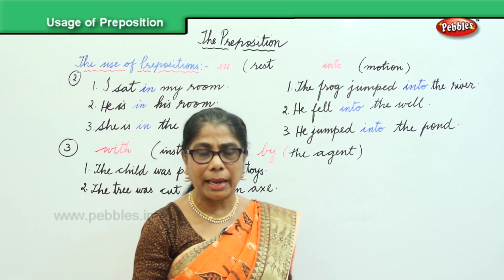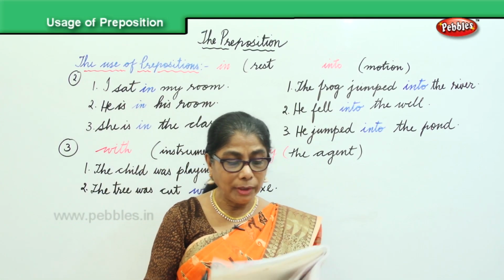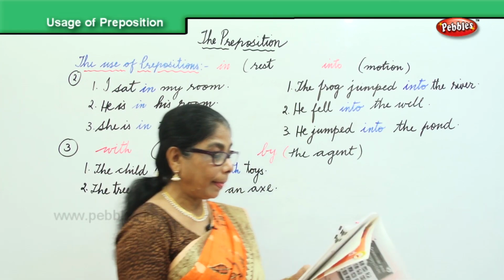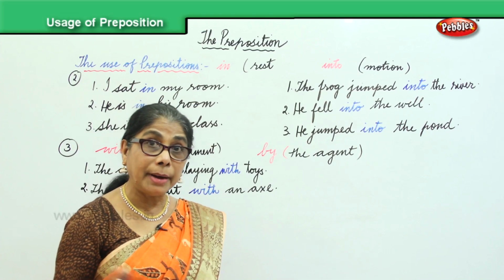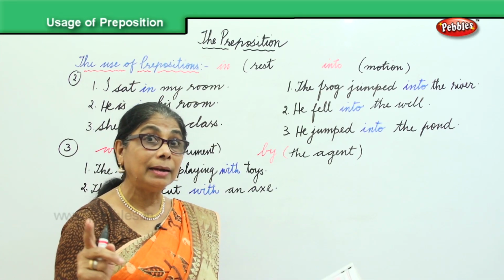Now, let's look at the agent. When you say by, you're talking about what agent? The girl was punished by her father. Who punished? Father.